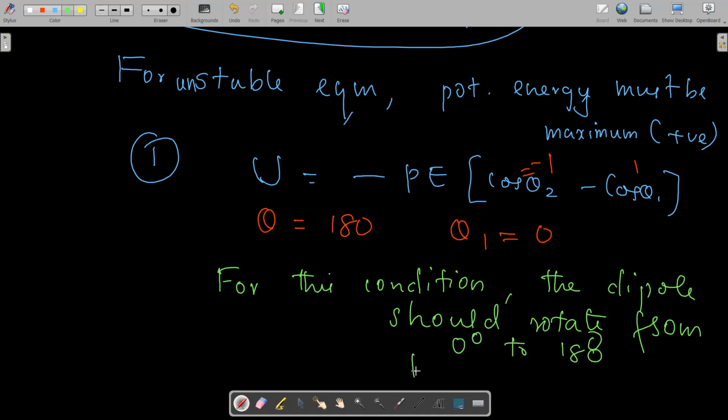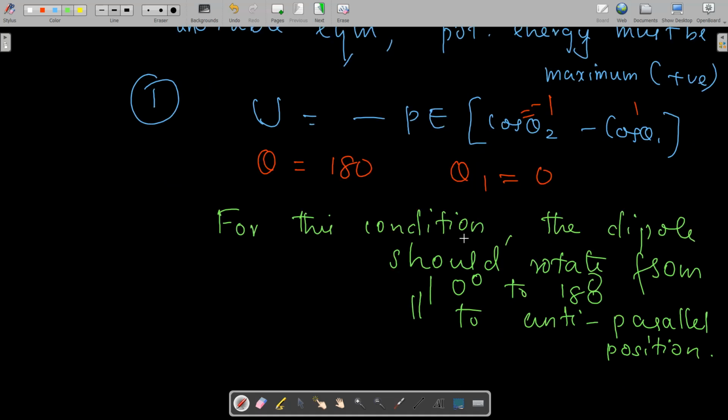That means from the parallel to the anti-parallel position. This is the condition for unstable equilibrium for the first equation.